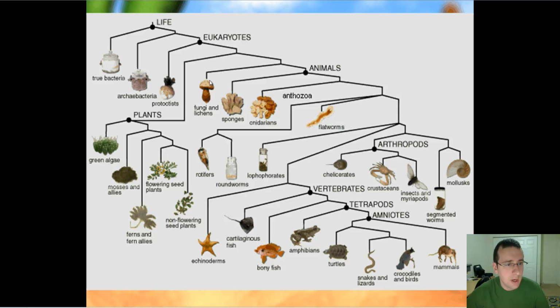But some protists are going to be fungus-like, some protists are going to be plant-like, and some protists are going to be animal-like. So the protists around this branch are going to be plant-like, the protists around these branches here are going to be animal-like, and the protists around this branch are going to be fungus-like before you get to the actual fungus.